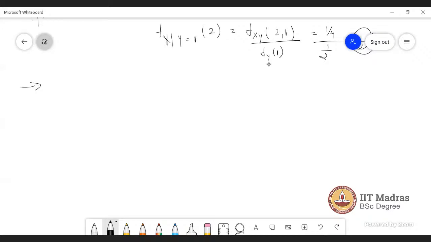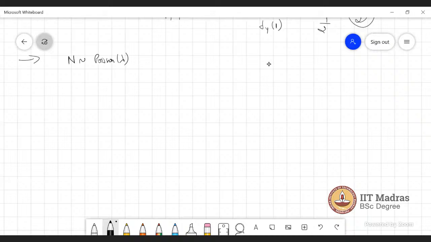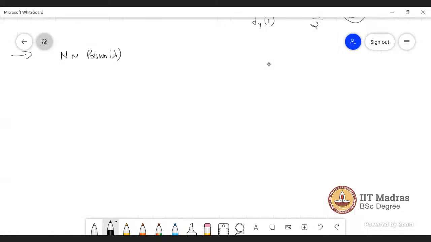So our next topic here is, if you have a random variable, let's say n, and it follows the Poisson distribution with the parameter lambda, and you have another random variable x given the event n equals n. If it follows a binomial distribution with n comma p, then you should be able to find the joint PMF of n and x.